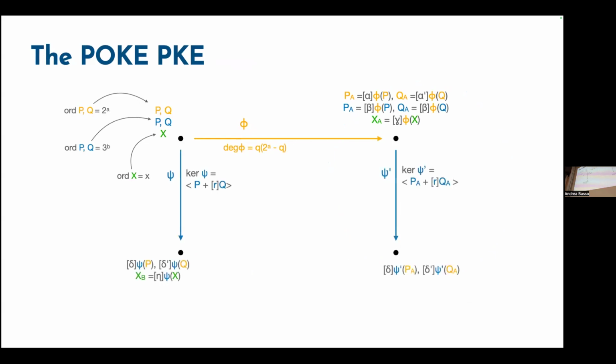This was then improved in QFESTA, obtaining smaller parameters, both in terms of the prime and the degree of the isogeny that you're computing.